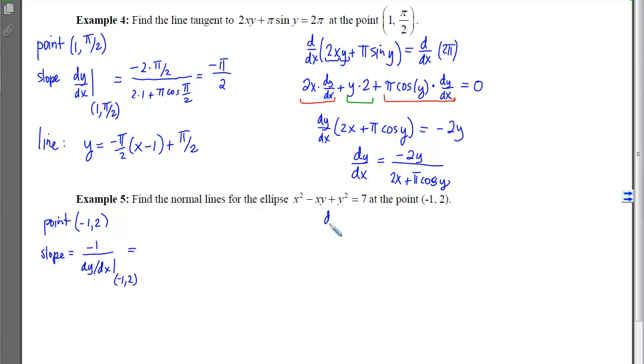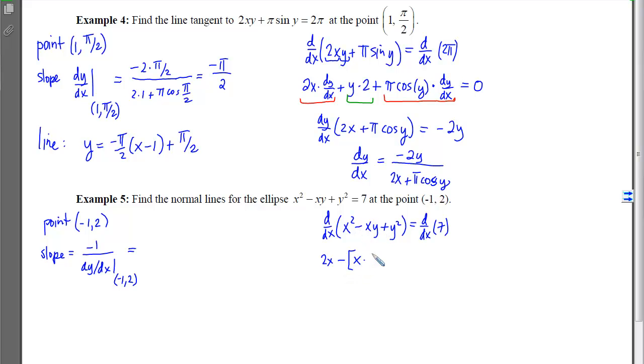So again, I'm going to apply the technique that we've learned, which is apply that operator d dx to both sides of the equation. If I do it on the left, I'll get a 2x minus, and here's where people make mistakes. You've got to subtract the whole derivative of this as opposed to just the first term.